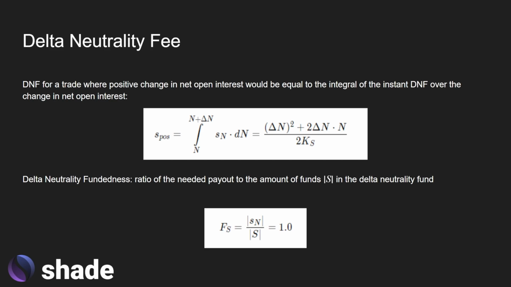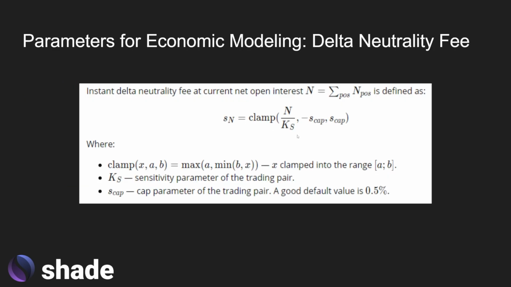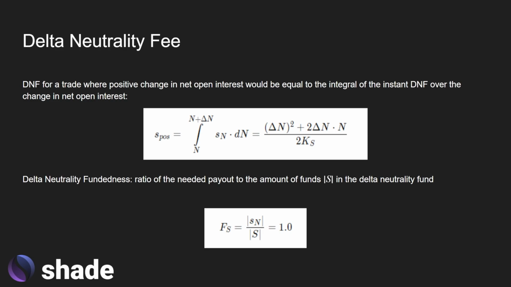So if n over k is lower than the negative delta neutrality cap, then your fee is equal to that negative cap. If it's above the positive delta neutrality fee cap, then your delta neutrality fee is equal to that cap. And anywhere in between, you're going to evaluate that function as its actual function, n over k.